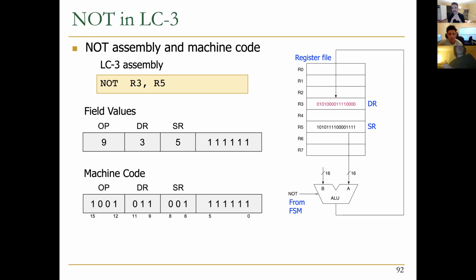You see that this is a bitwise NOT, and you put the bitwise NOT of the source register into the destination register, and you're done. Any question about this? Hopefully it is clear.